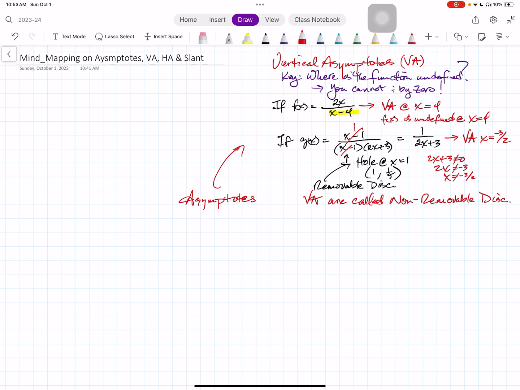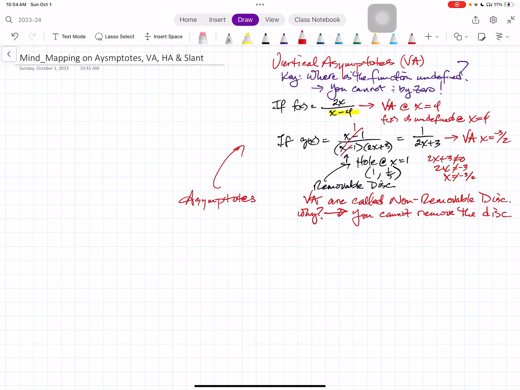They're called non-removable discontinuities because you cannot simplify the function to remove the discontinuity. Why? Let's ask a rhetorical question. Why? Well, you cannot remove the discontinuity by simplifying.